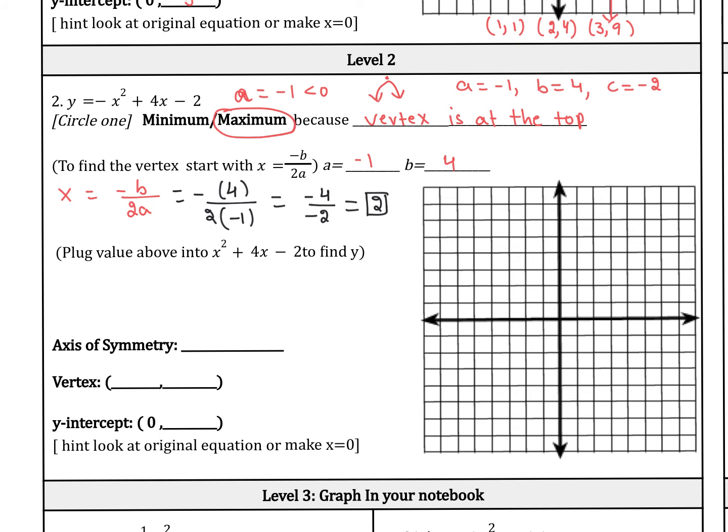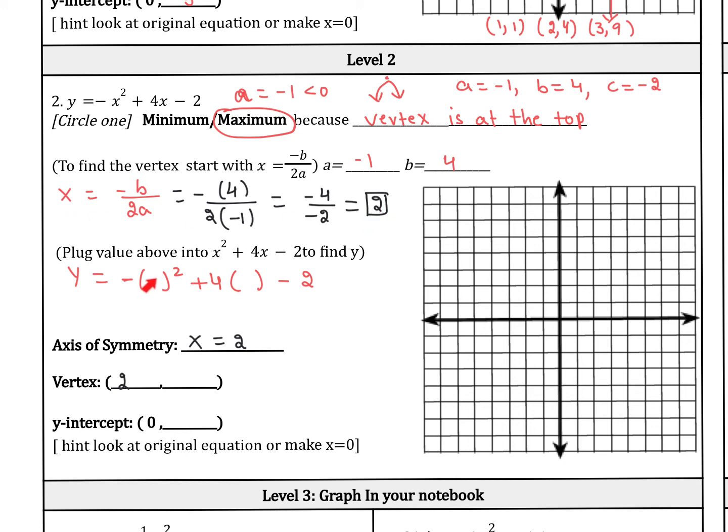So x equals 2. The axis of symmetry is x equals 2, and you're going to plug this value into the given equation y equals negative x squared plus 4 times x minus 2. Here you plug in the x value, that is 2.